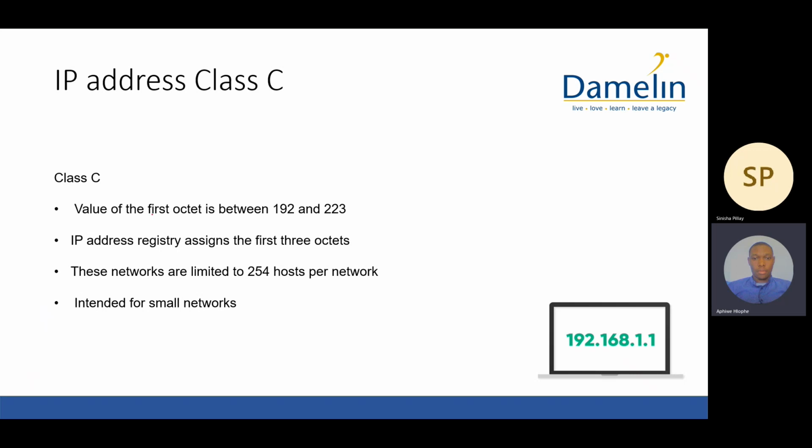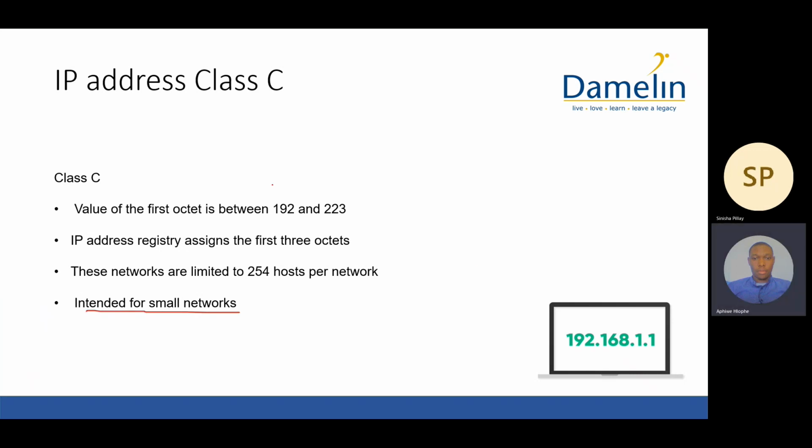So we say then the range of a class C IP address is between 192 and 223. The IP registry assigns the first 3 octets. These networks are limited to 254 hosts per network because 255 is the maximum you can have in an octet, intended for small networks.